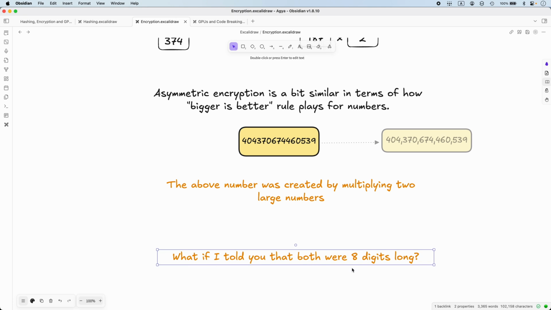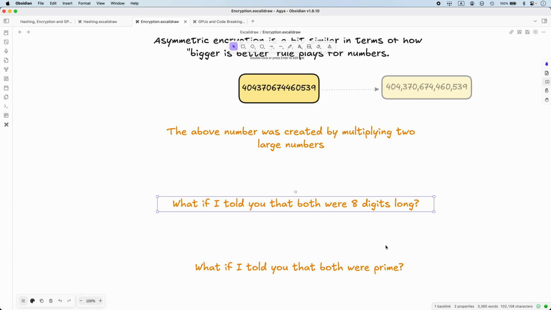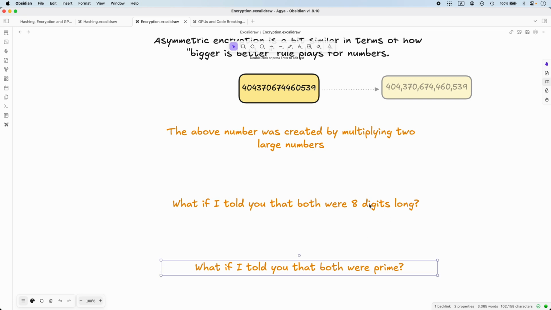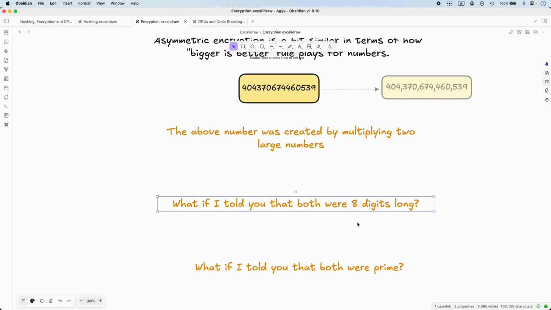So will telling you that the numbers were 8 digits long help a little bit? And what if I told you both were prime? So these two 8-digit numbers do not decompose into anything else. You have to go through I think 5 billion trials on average, and maybe even up to 99,999,999. This is the max, but you might have to go there, right?